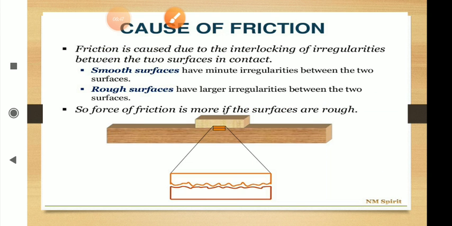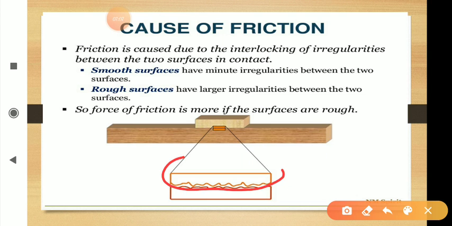Now, what is the cause of friction? If we see two different surfaces which are in contact on a smaller scale, in that scenario we will observe that the two surfaces are not smooth, but there are some irregularities on the surfaces.